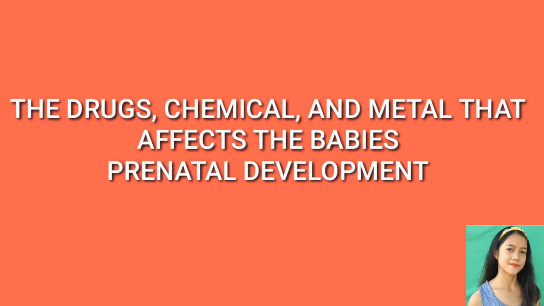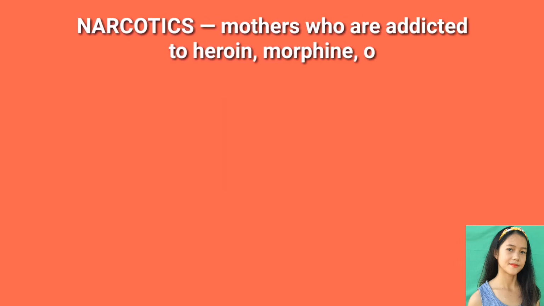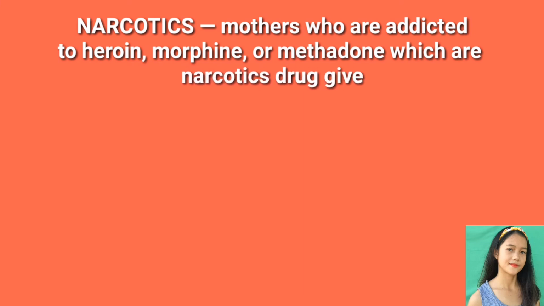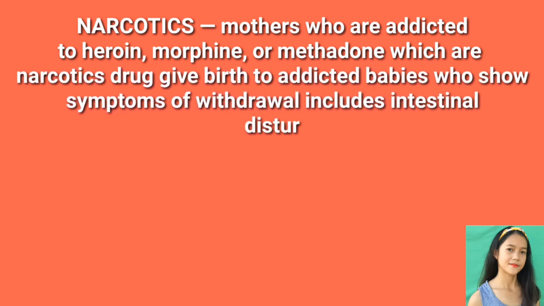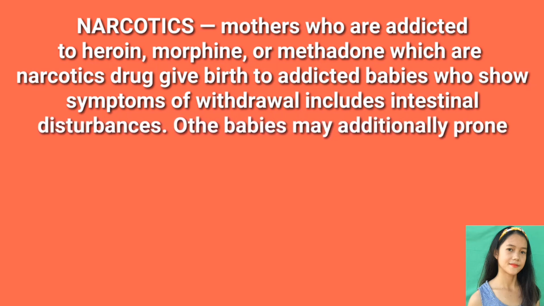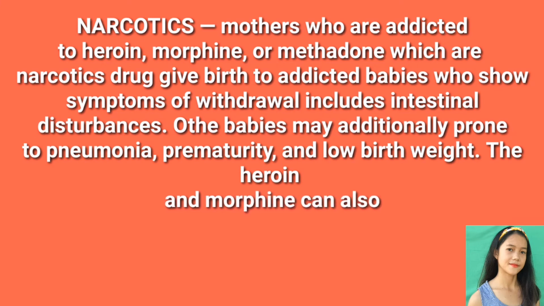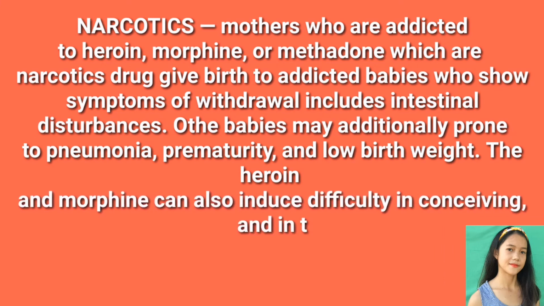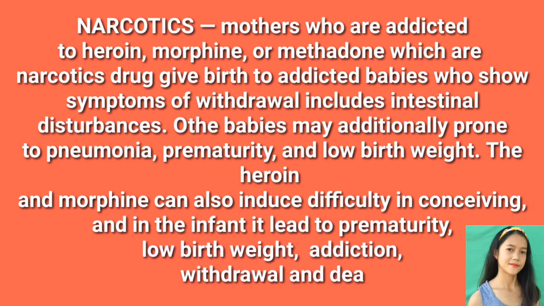The drugs, chemicals, and metals that affect the baby's prenatal development begin with the narcotics. Mothers who are addicted to heroin, morphine, and methadone, which are narcotic drugs, give birth to addicted babies who show symptoms of withdrawal, and this includes tremors, convulsions, difficulty breathing, and intestinal disturbances.